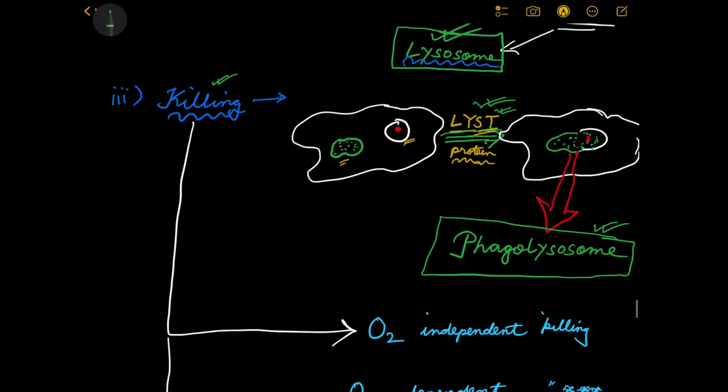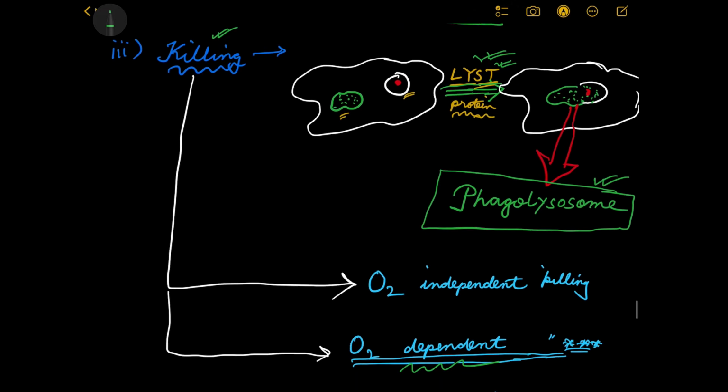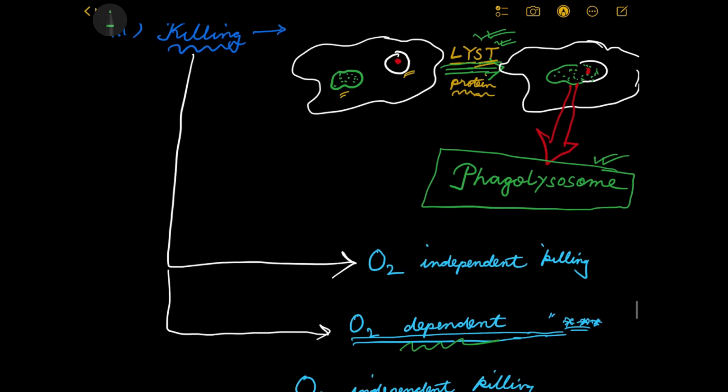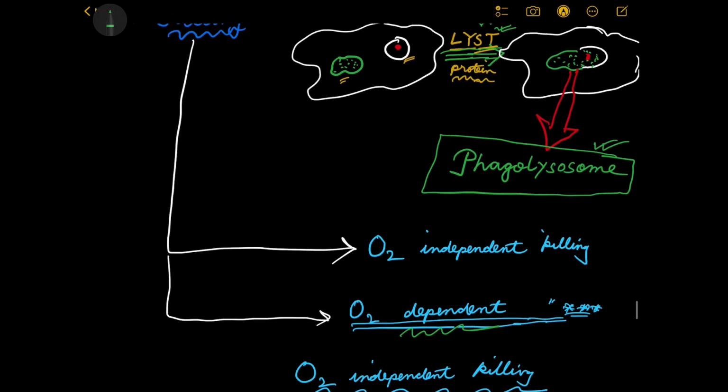So this LYST protein, lysosomal transporter protein, is actually required for transporting the phagosome towards the lysosome within the white blood cell and their fusion causing phagolysosome formation. Then after the phagolysosome formation, the array of steps can proceed and subsequently inflammation can take place.